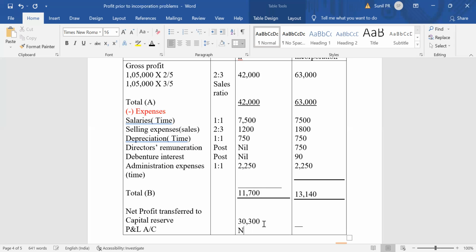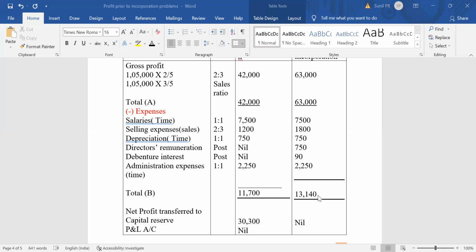Pre-incorporation, there will be no P&L. Pre-incorporation profit is transferred to capital reserve. You should write capital reserve. So if it is capital reserve, post-incorporation will be 0.